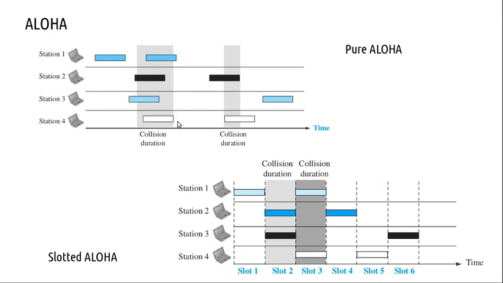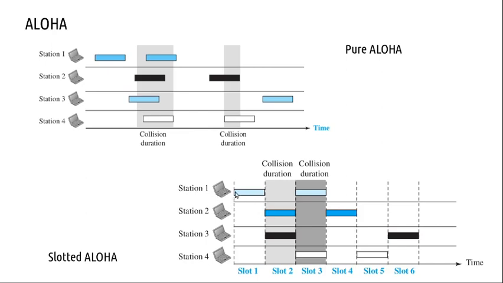Aloha was specifically tuned for satellite links, and then slotted Aloha, where you give time slots. This is an extended version that applies in modern day networks, in the earlier forms of Ethernet. Each station can transmit only at the beginning of a time slot.